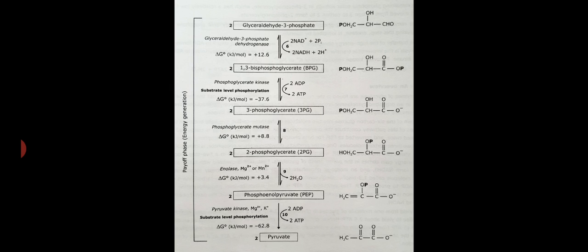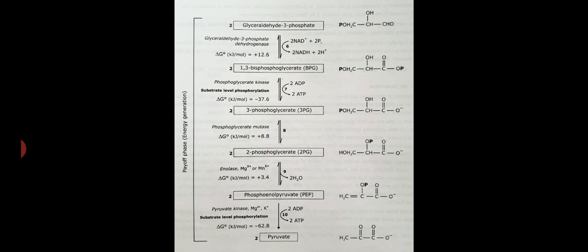In step 7, the high energy phosphate group that was produced in the sixth step is transferred from 1,3-bisphosphoglycerate to an ADP molecule to produce ATP.